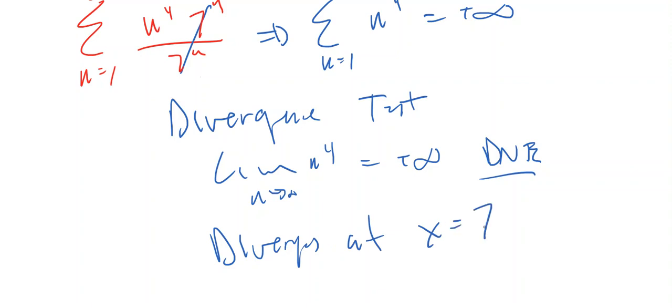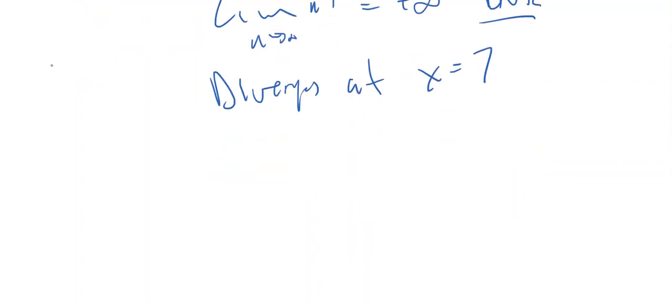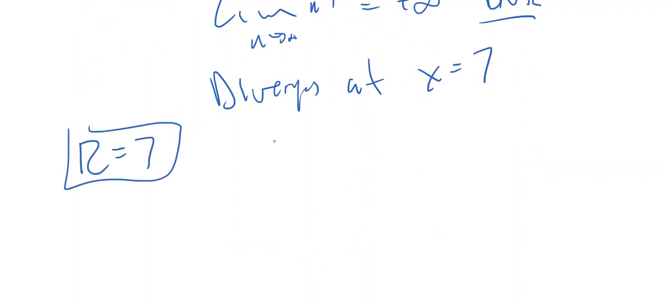So we knew that the radius of convergence was 7, and we originally had this interval. And so now what do we know? We know that it diverges at -7, which means we do not include the -7, which means we keep the less than symbol, and it diverges at 7, so we keep the less than symbol.